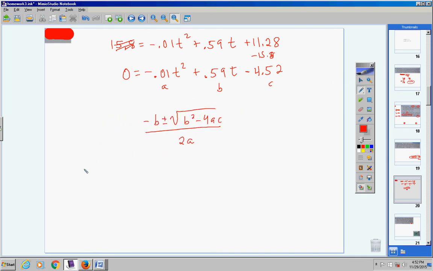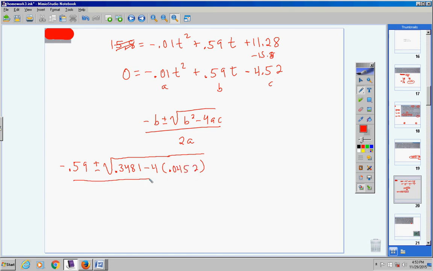Negative B, B is 0.59, so negative 0.59, plus or minus the square root of B squared, so 0.59 squared is 0.3481. Then negative 4AC, A times C, negative 0.01 times negative 4.52. That gives you a positive 0.0452.